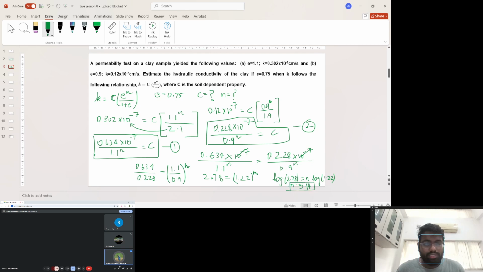Alright. Now substitute this n in any of these equations. I'm considering this equation.